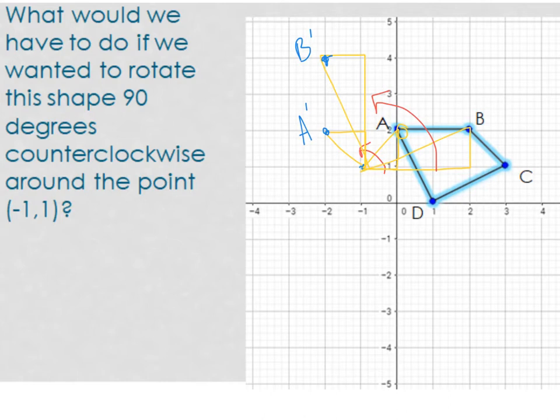Okay? And we can continue to do the same with C and D. I'm going to see if I can get rid of some of this stuff because it gets real messy real quick. Alright, let's continue. So now I got to get C rotated. Well, C is just 4 units away, so that's going to become 4 units away.